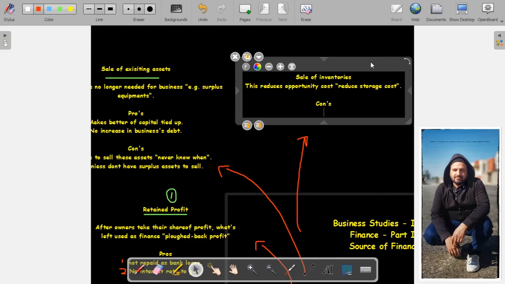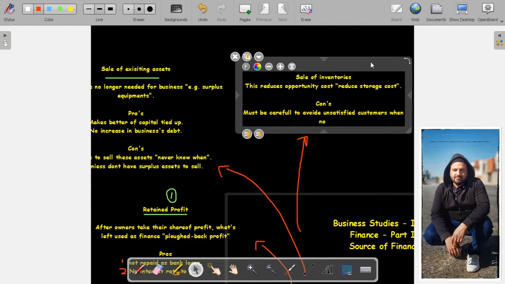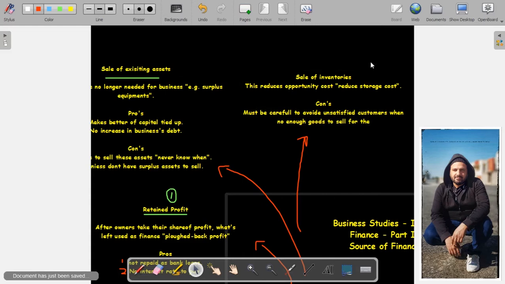So let's be careful to avoid unsatisfied customers when there are not enough goods to sell. That's the point from this.